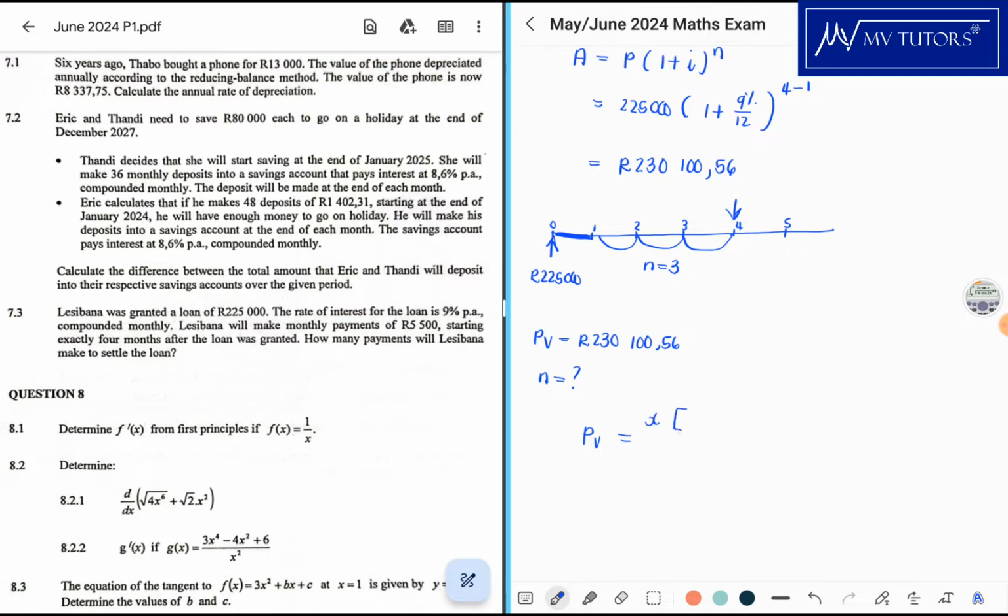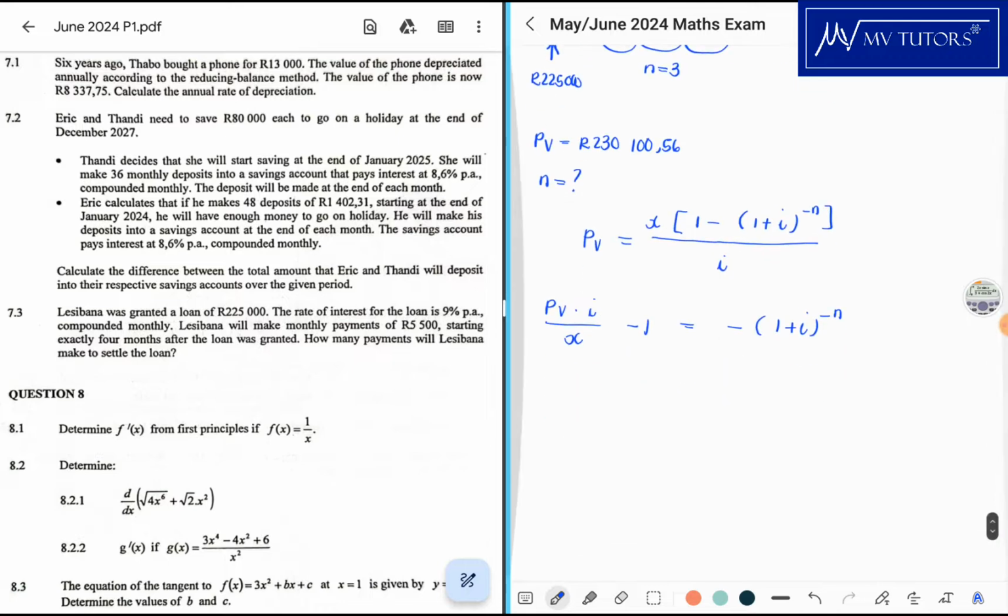Slightly different from the future value one, where you have 1 minus, this time, 1 plus the interest rate, and your n is negative, divided by the interest. Since we're looking for n, I'm just going to rewrite this formula. So we have present value times I divided by x minus 1 will give us negative 1 plus I to the power negative n.